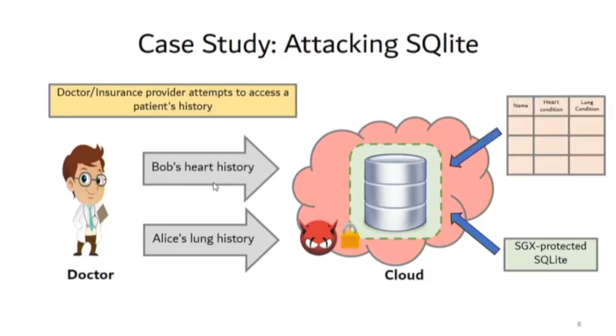So let's suppose that this database has just the name and 2 columns, one for the heart condition and one for the lungs condition. And the doctor is going to run different queries to find, for example, what is this guy's heart condition, what is this guy's lungs history, etc., to do a proper diagnosis.